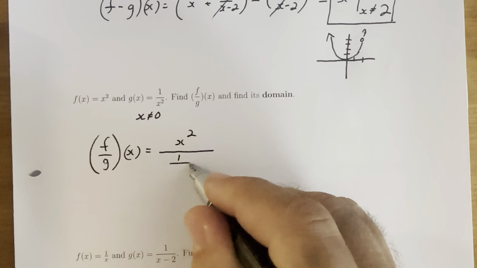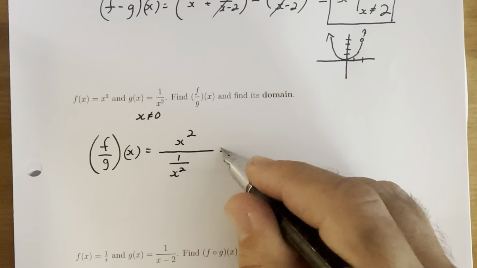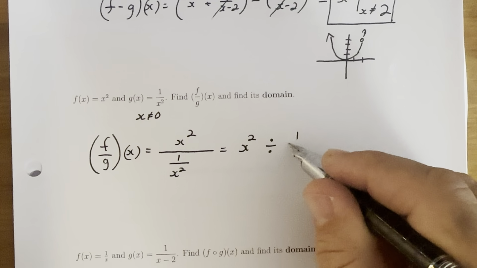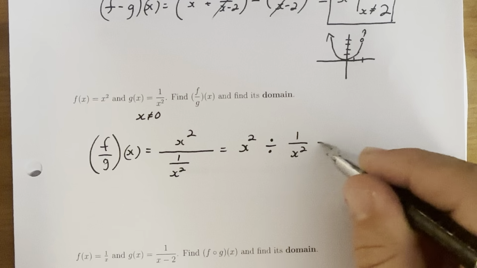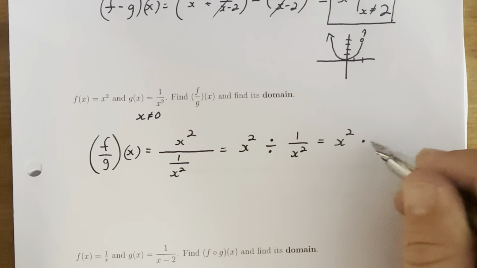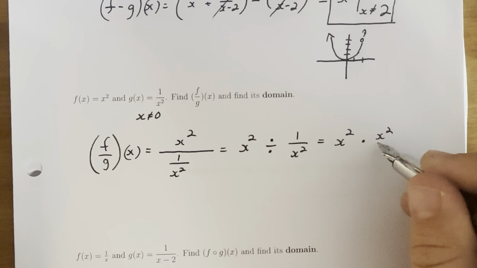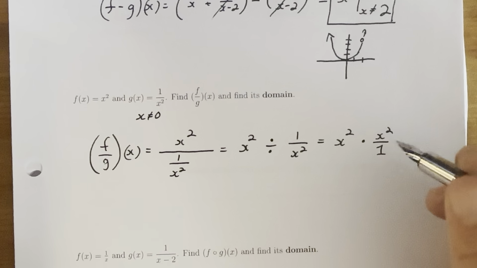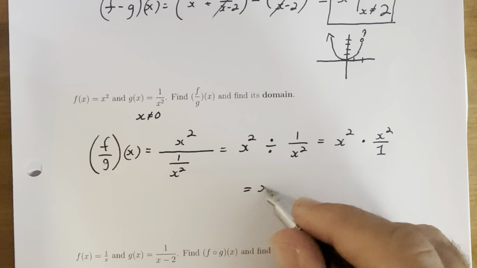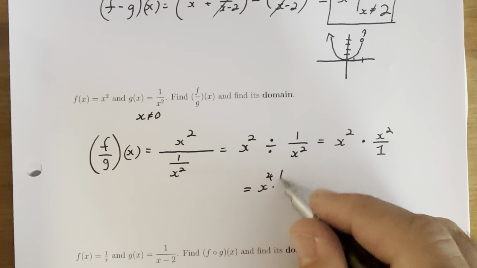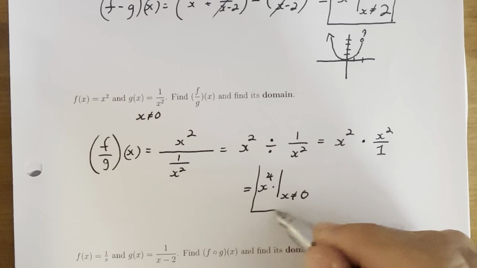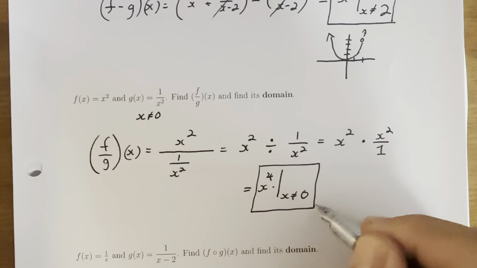G, that's on bottom, 1 over x squared. We'll note that this is the same thing as x squared divided by 1 over x squared, which is the same as x squared times x squared over 1. X squared times x squared, that's x to the 4th, but with the caveat that x cannot be 0. And there we go.